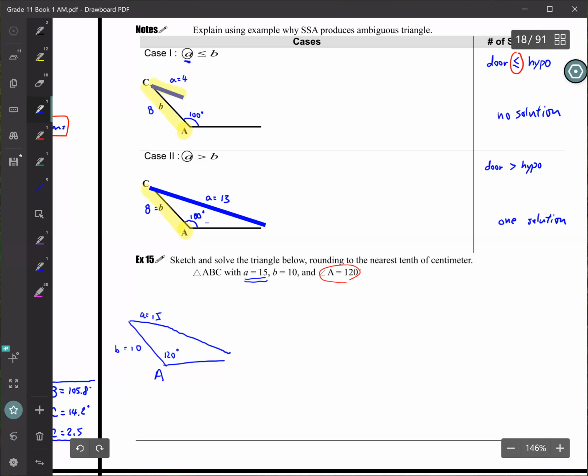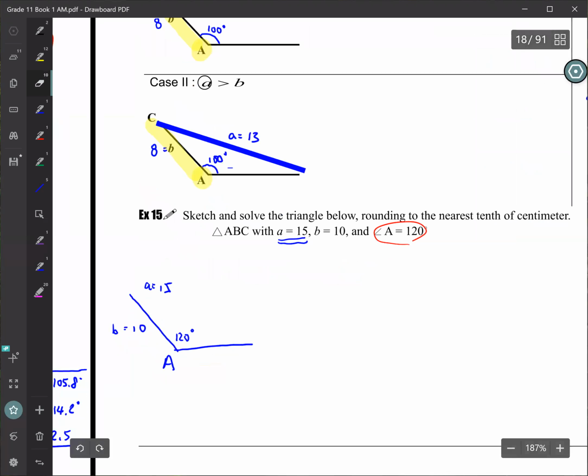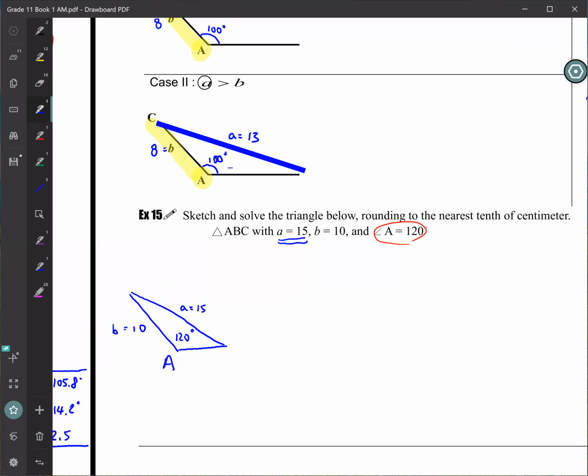I think that one is too far, so let's change that. Something like this will make more sense. Let's make this one shorter. So A is 15, and this one will be angle B, this one will be angle C.